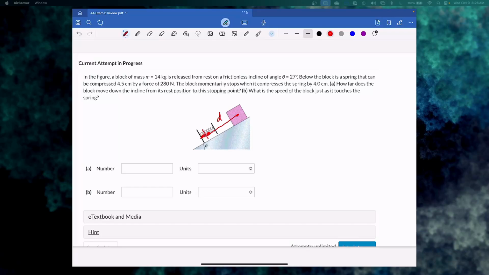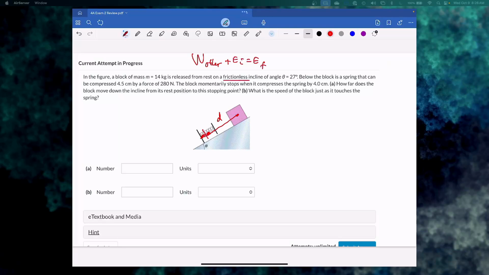So let's see. I know that work non-conservative, no, that's not how you guys do it. Work other plus energy initial equals energy final. Okay. Is there any work other in this problem? It says it's frictionless, right? So frictionless tells me that I don't need to worry about that. And the only other forces involved in this problem involve springs and gravity.